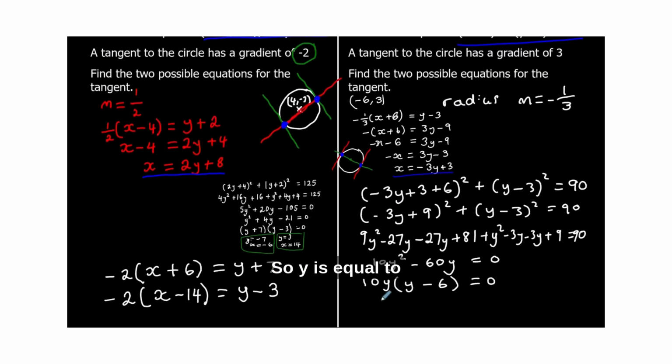So y is equal to 0, or y is equal to 6. And when y is 0, we've got x is negative 3 times 0, which is 0, plus 3, so 3. And when y is 6, negative 3 times 6 is negative 18, plus 3 is negative 15.